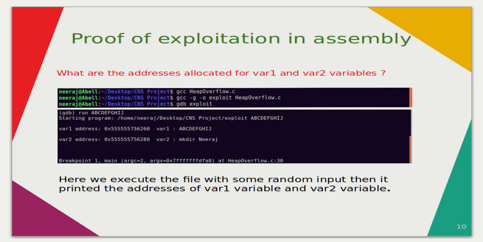This is for security reasons, that our operating system assigned more memory than we requested for variable1. We requested only 4 bytes for variable1 and our operating system assigned 32 bytes.